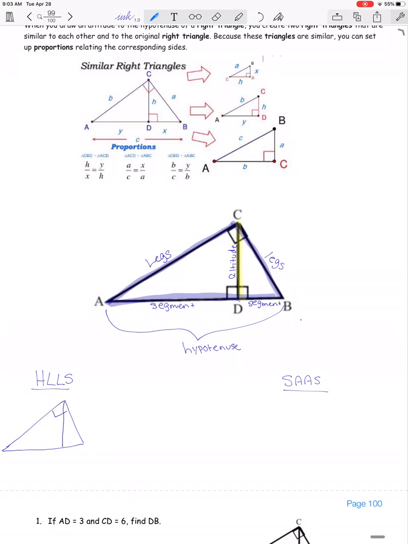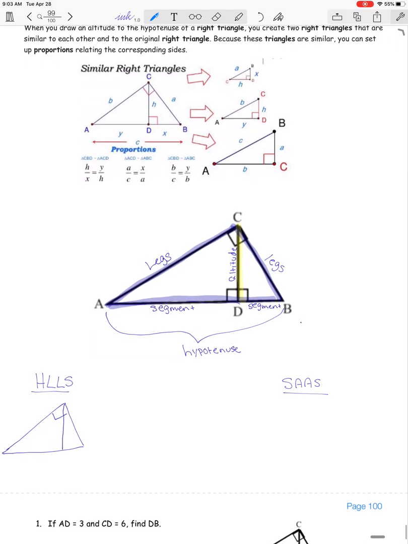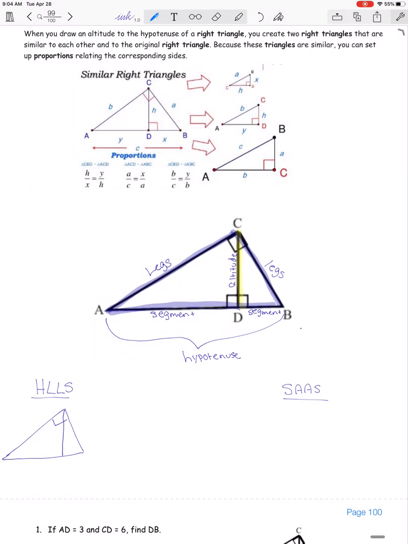So HiLLS is when we have the hypotenuse, a leg, doesn't matter which leg, and a segment. So when we have HiLLS, the proportion will be hypotenuse over leg equals leg over segment. Now keep in mind, when we have leg two times, it's going to be the same leg. It's going to be the same number.